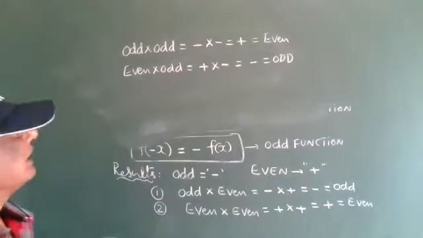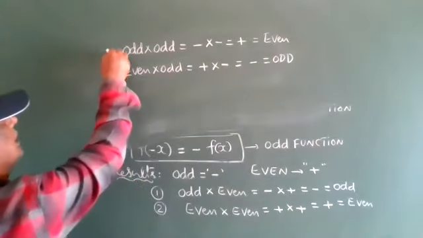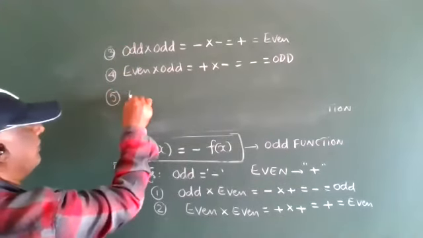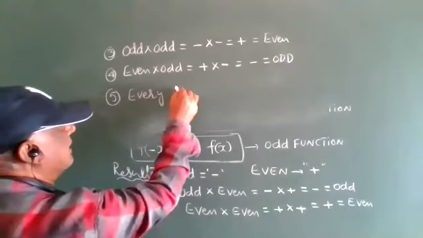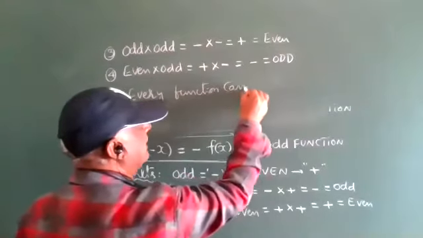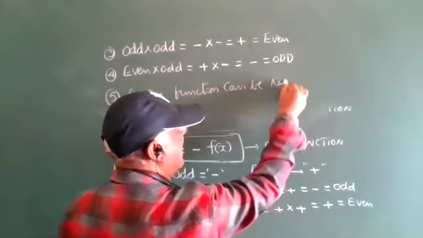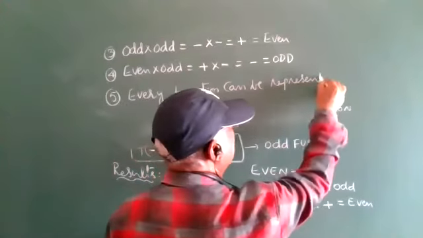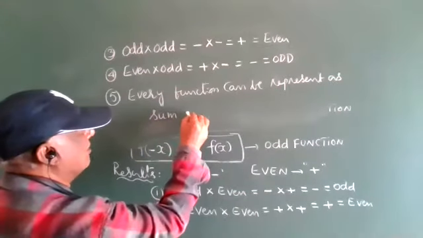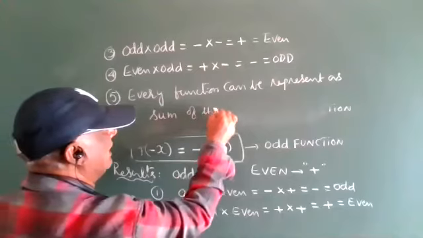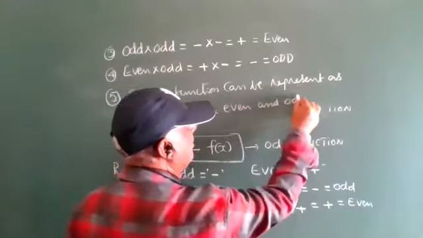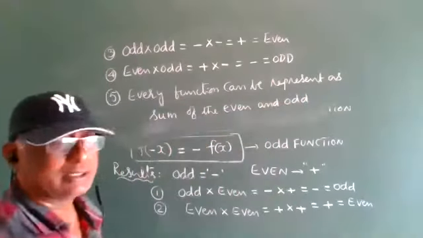Okay? So next, the fifth result. Everyone observe: every function can be represented as the sum of an even and an odd function.